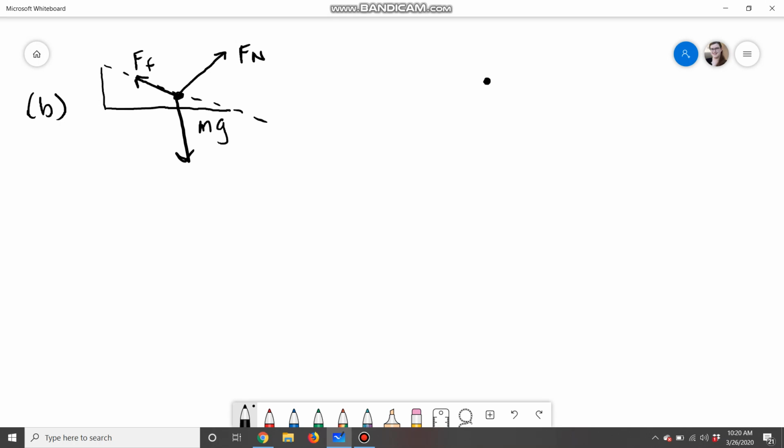So I'm going to draw my same free body diagram. We have our normal force and our frictional force, but we've got to break mg up into components. I'm still going to draw mg, but I'm going to break it up into its components.